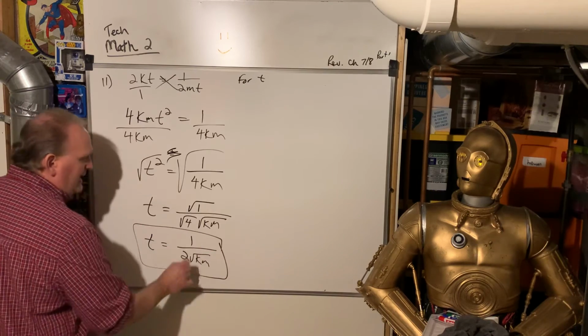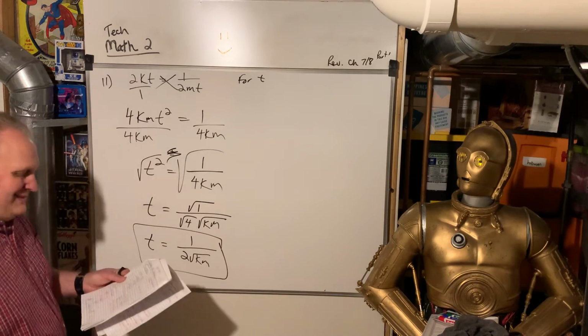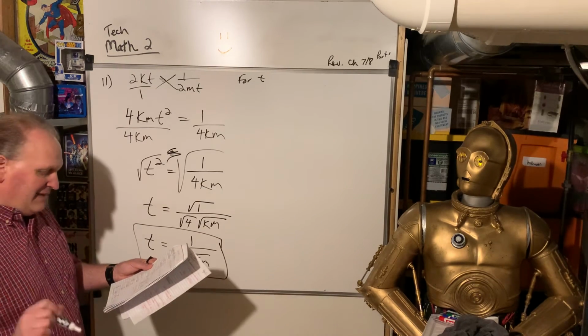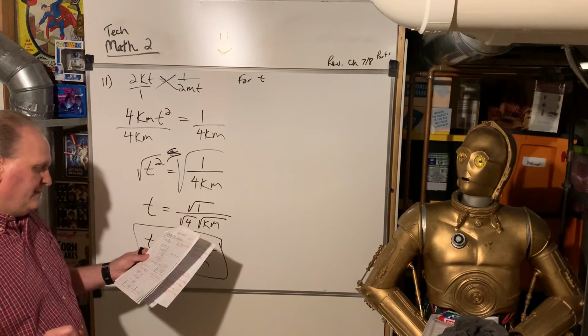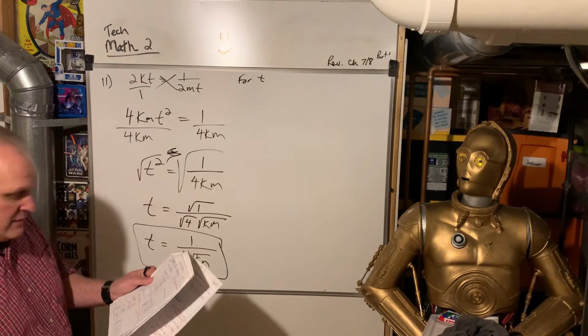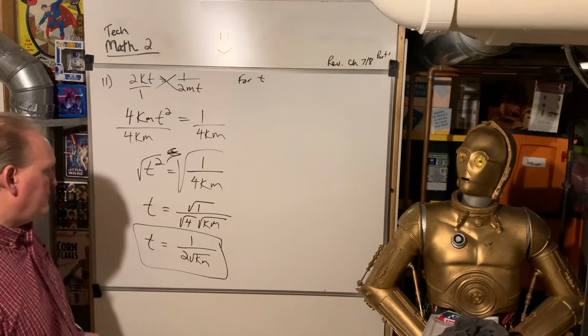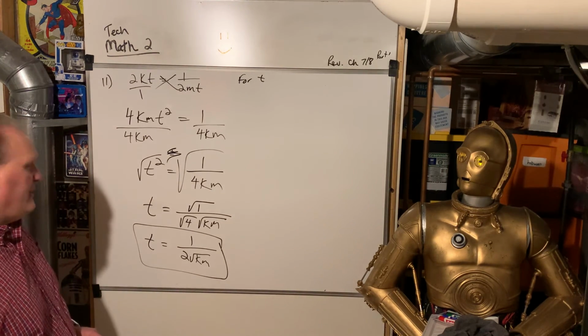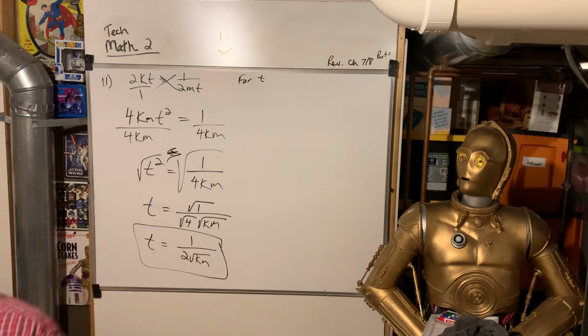If you look, the book has it with the square root of 1 over km. Yeah, that is a little bit of bad form that they shouldn't have it like that. But this is fine, like this. Again, you could rationalize the denominator if you wanted to, and then you'd have the square root of km over 2km. All right? Lovely, lovely.